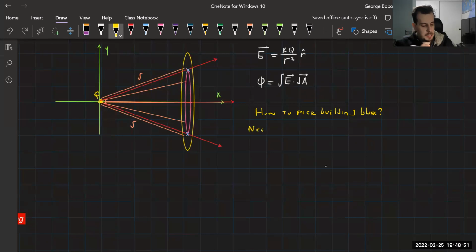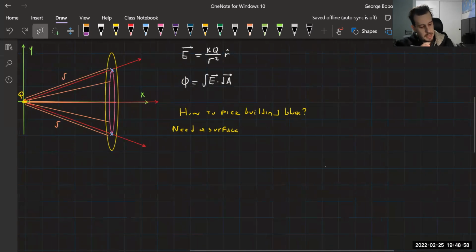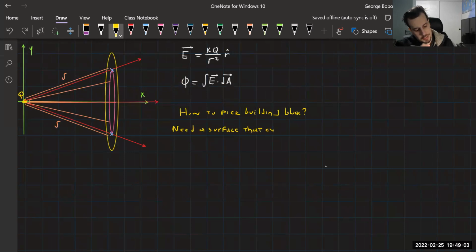I need a surface, or some target, that experiences the same strength plus direction of E field. Okay, this is how I'm thinking about it. I'm setting myself up.